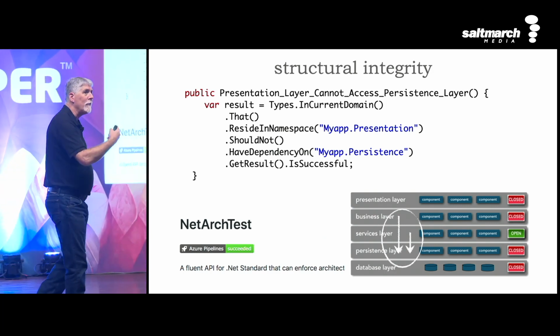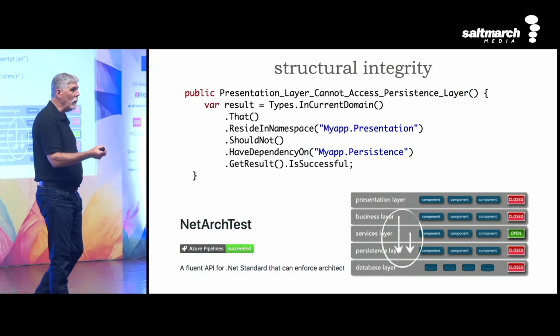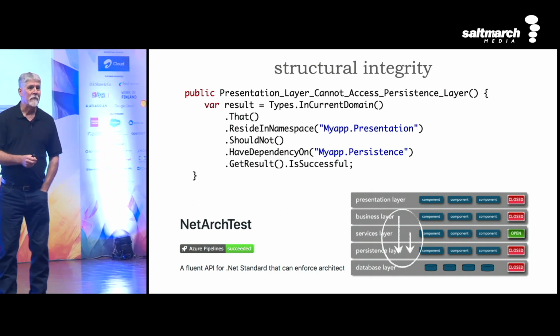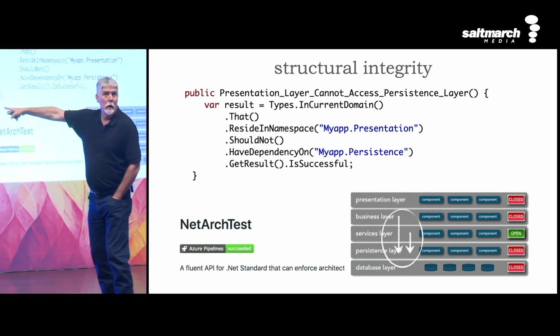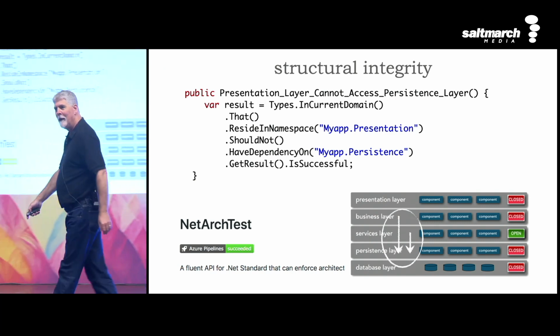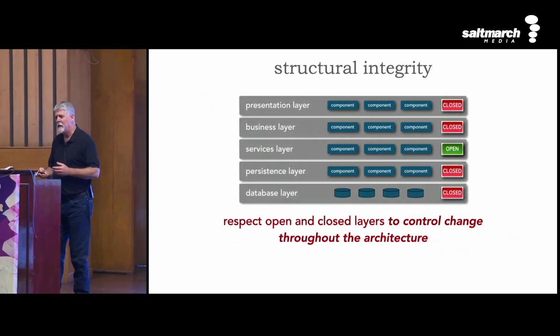Write fitness functions. This is software that executes in production. That's pretty cool. Yes, should architects code? Absolutely. Because we're the ones who write those tests. Exactly. So, these are some of the structural integrity kind of things we can do.